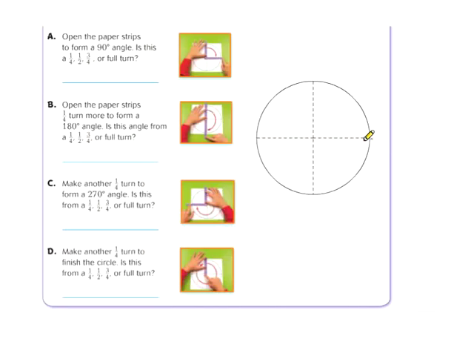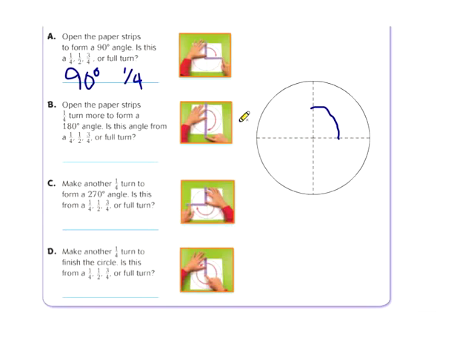Knowing that, we're going to form a 90-degree angle. This is a 90-degree angle here. Now we've turned it. What is this turn? It's a 90-degree angle, right, with a 1/4 turn.